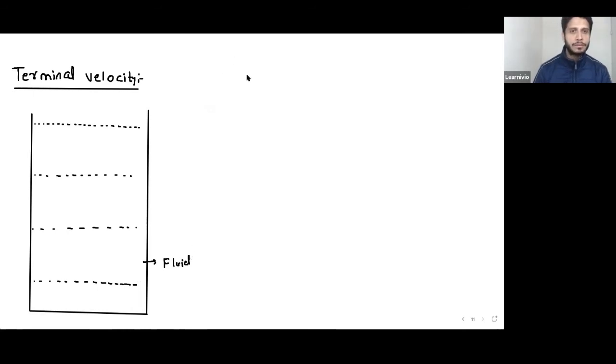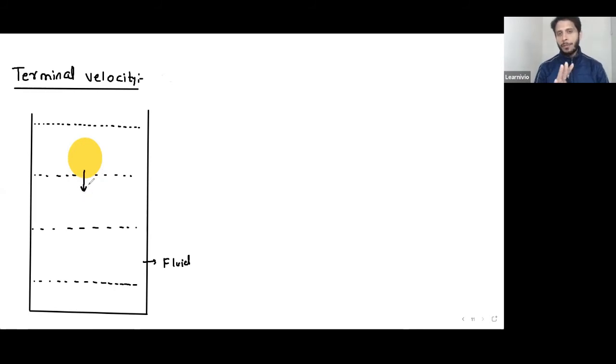And this is the body. This could be a solid body or it could be a water drop through air. So this is the body. When this body starts moving inside the fluid, it will have three forces.